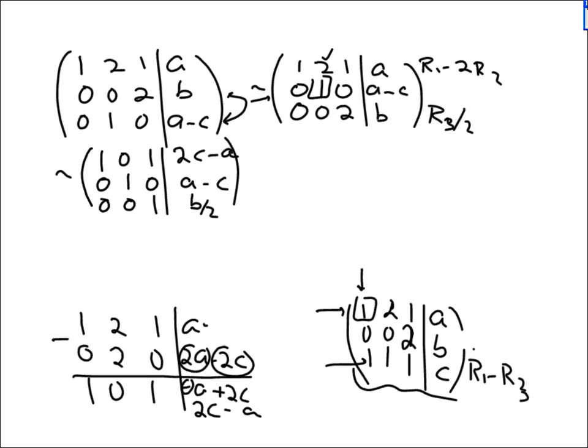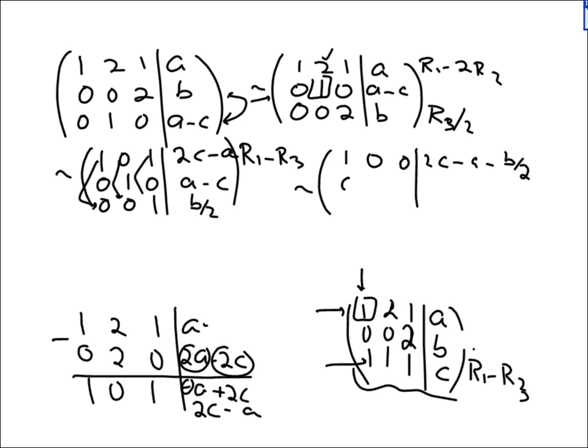So now I'll just do row 1 minus row 3, and that should be it. 1 minus 0 is 1. 0 minus 0 is 0. 1 minus 1 is 0. And you're going to get 2C minus A minus B over 2. The second row is this. And the third row is simply this.